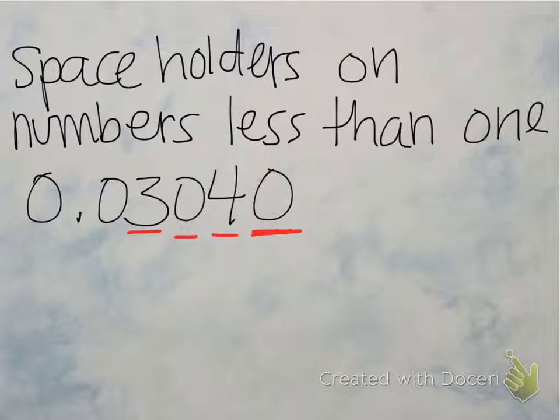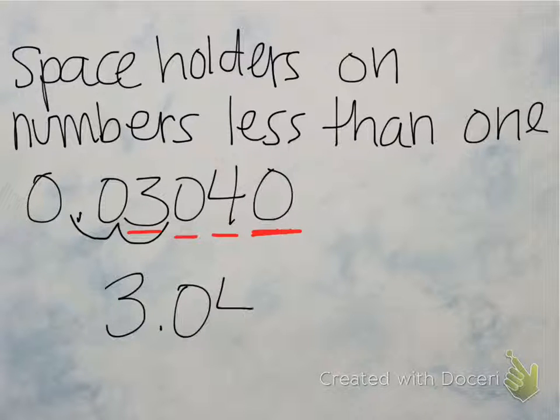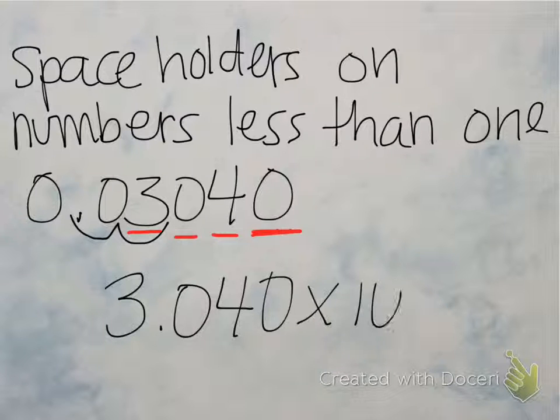Let's rewrite this into scientific notation: 3.040 times 10 to the negative second. Now this zero right here, that's just a placeholder. That's just one that once we write it in scientific notation is no longer there. So those space holder zeros are not significant numbers. When you write it in scientific notation, if they disappear, they are not significant.